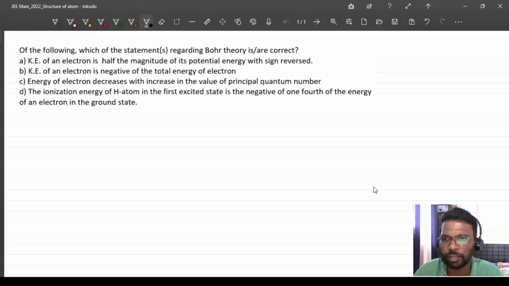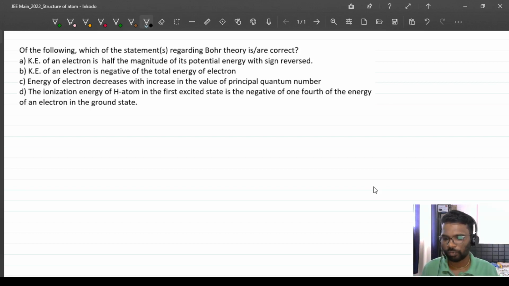Third, the energy of an electron decreases with the increase in the value of the principal quantum number. Last, the ionization energy of the hydrogen atom in the first excited state is the negative of one fourth of the energy of an electron in the ground state.